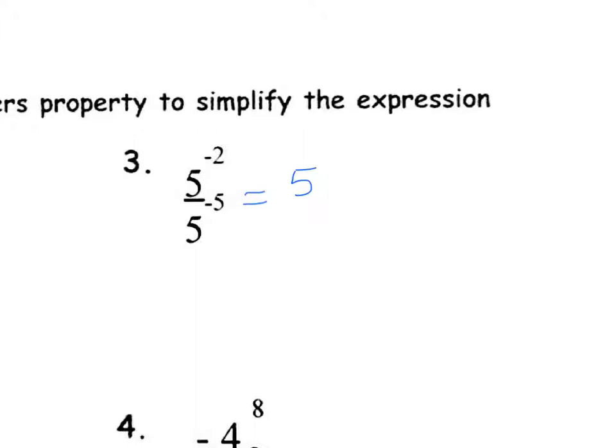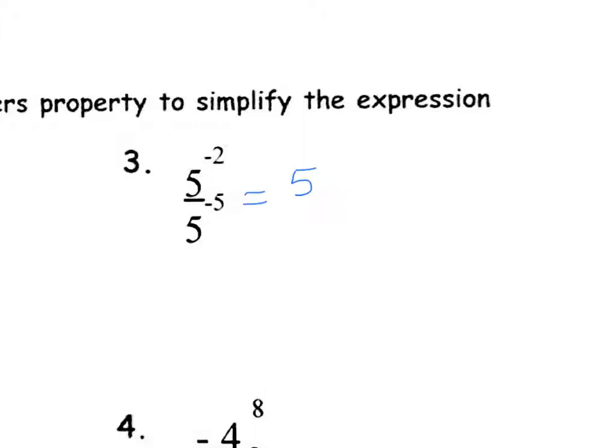But be careful. A lot of students think that this is simply just negative 2 minus 5, completely forgetting the fact that because this is division, you're subtracting anyways. Since this is negative 2 and a negative 5, you're subtracting a negative. This is not negative 2 minus 5. It's negative 2 minus negative 5.